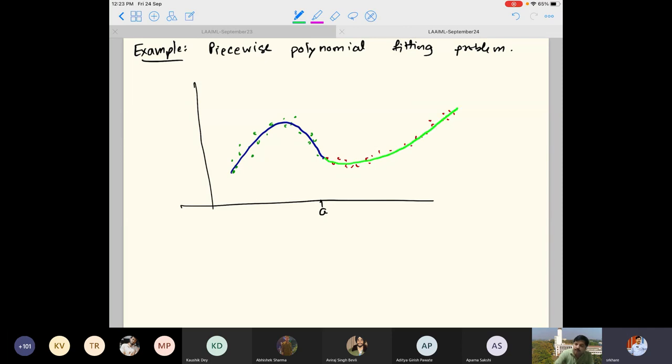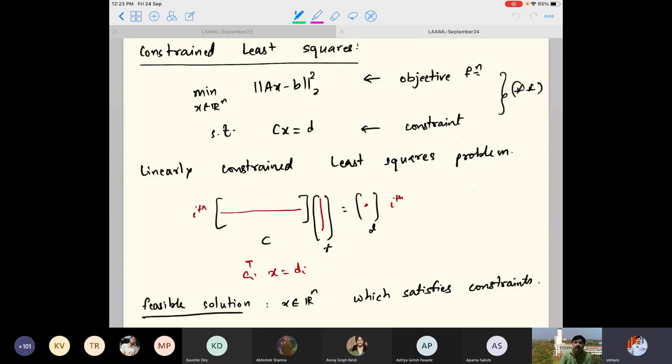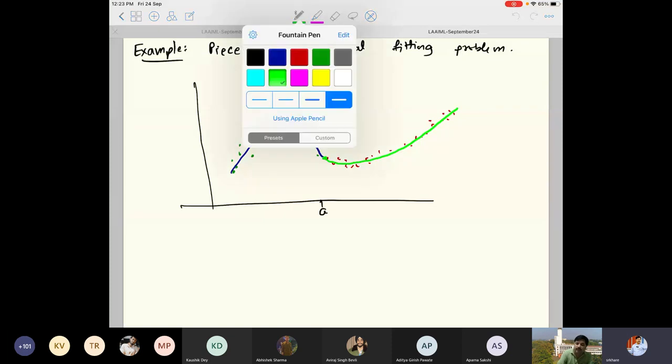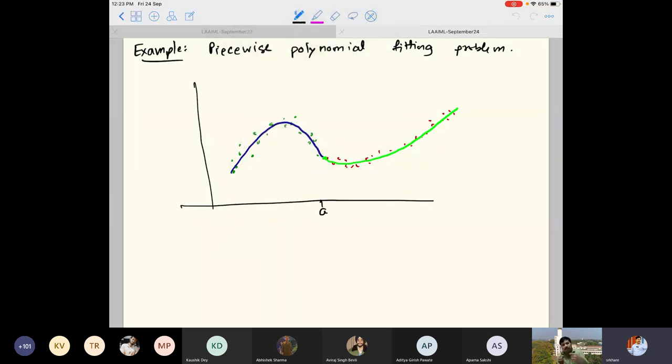And what is really happening at this particular point? Those two polynomials are joining, and where they join, I have certain conditions on those polynomials. Those conditions will get transformed into this Cx is equal to d. The first condition is that the two polynomials should meet each other, so I will have a continuity condition.